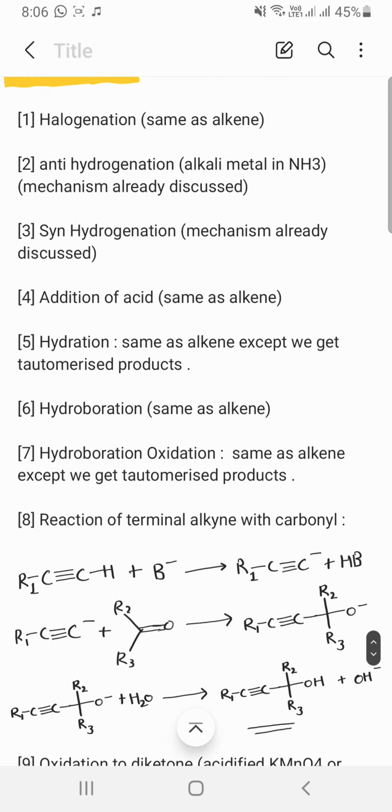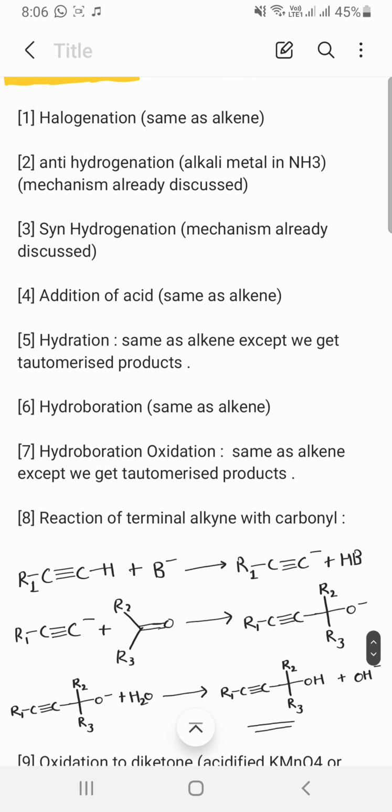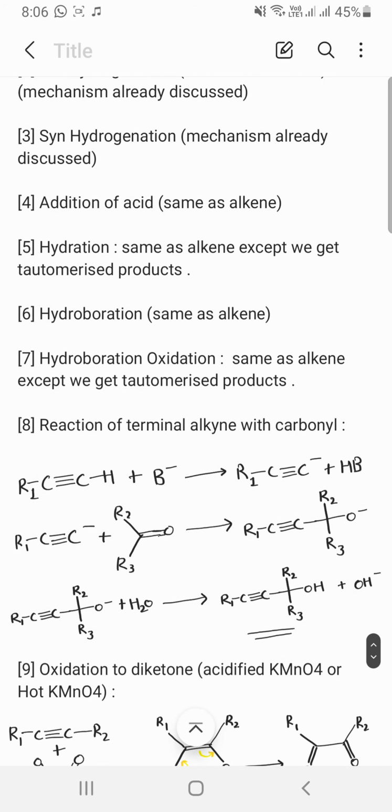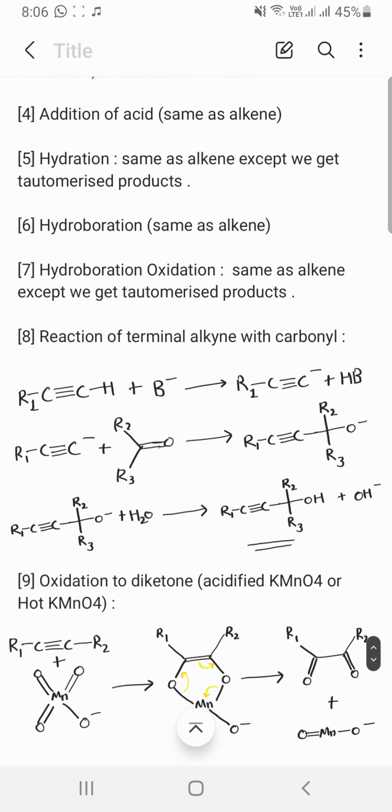Syn hydrogenation, addition of acid, yeah. Hydration. Okay, so we first get an enol, and that enol will get converted to a ketone. Okay, hydroboration, same as alkene. All right, cool. Hydroboration oxidation, same as alkene, except we get tautomerized products.